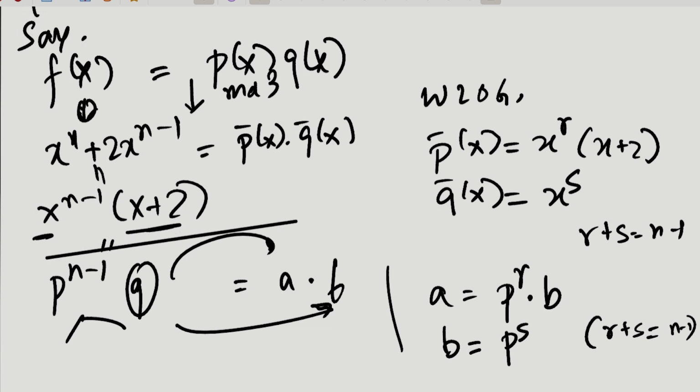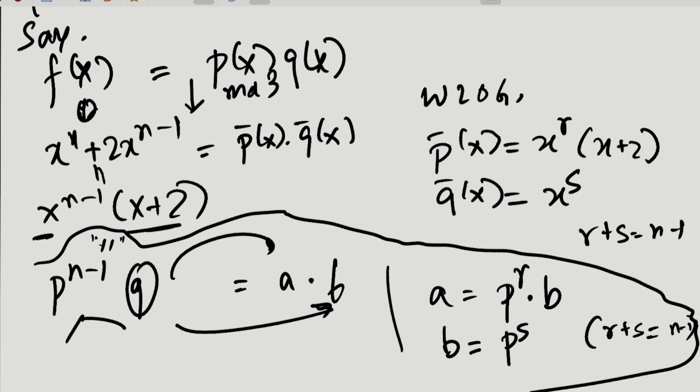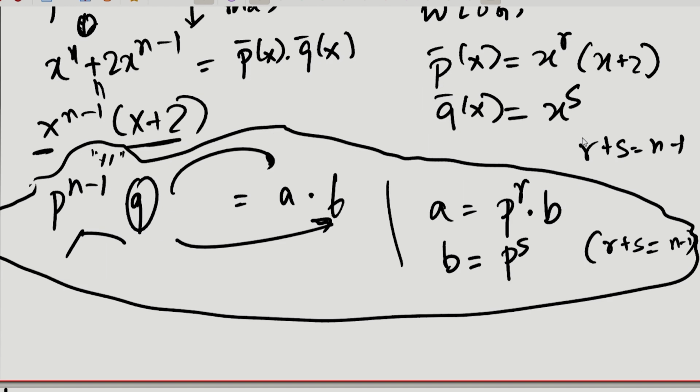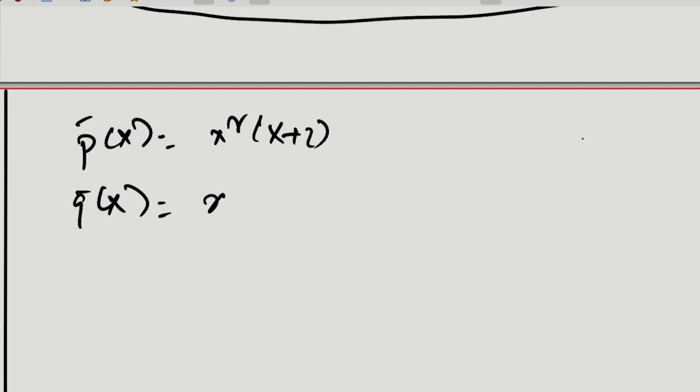It's not math per se. That equality sign, it's really just an analogy. It's a good one, but at the end of the day it's just an analogy. So p bar x is that, and q bar x is this. So p bar x is x to the r times x plus 2. Q bar x is x to the s.